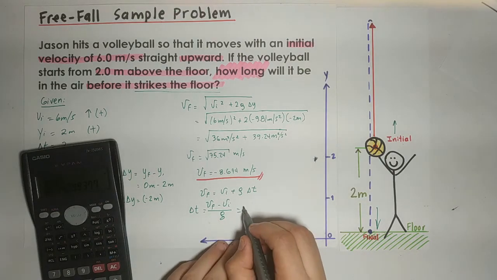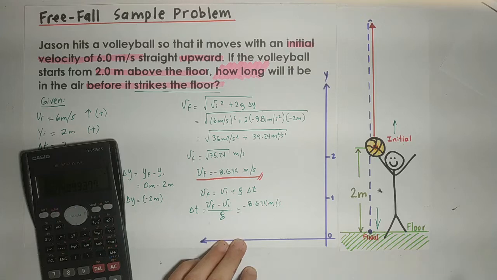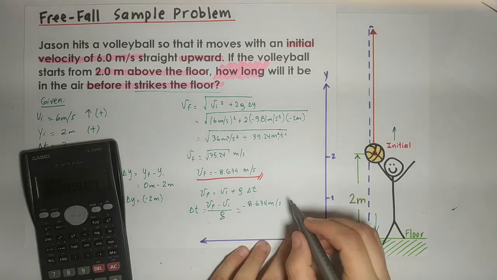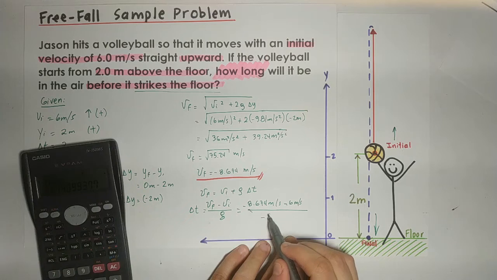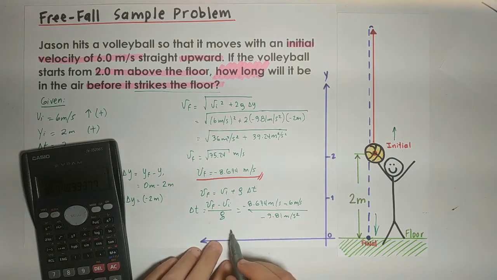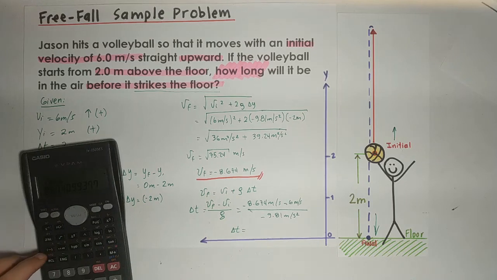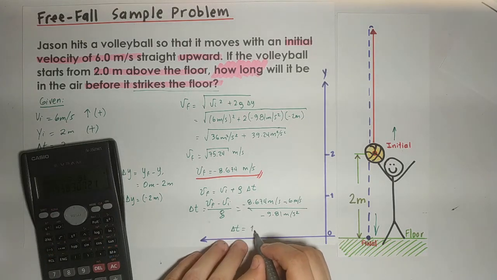Now my final velocity is negative 8.674 meters over second, minus 6 meters over second, divided by negative 9.81 meters over second squared. When you solve all these, you'll see that delta t is going to be negative 8.674 minus 6 divided by negative 9.81, 1.5 seconds.